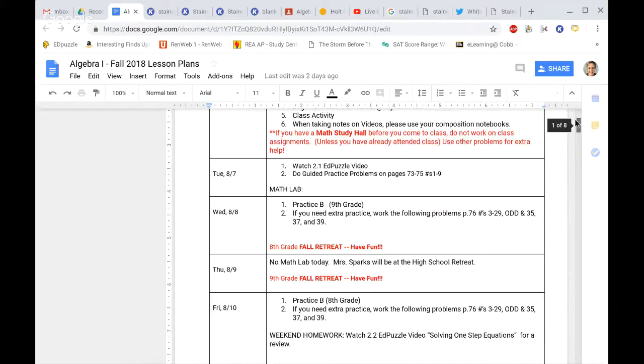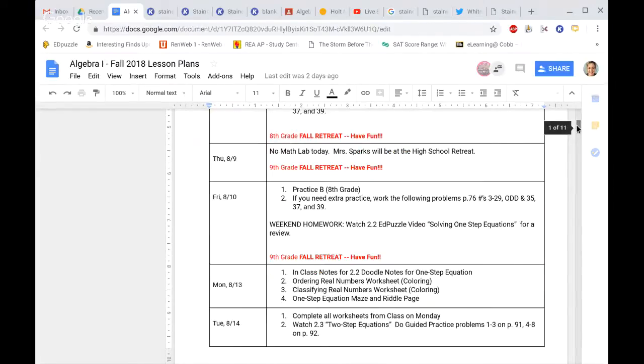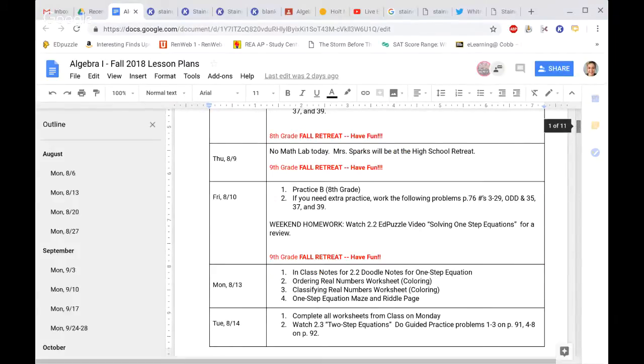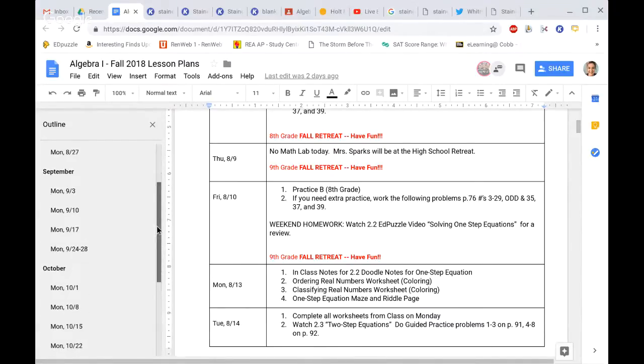Takes a minute for it to load, doesn't it? I know, I'm super impatient with lesson plans. See how the outline is on the left? Oh, I don't have that. Hold on.